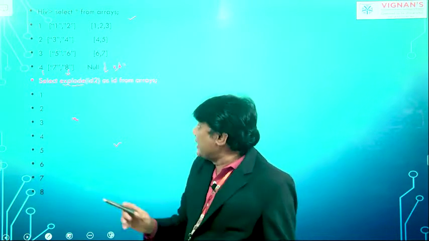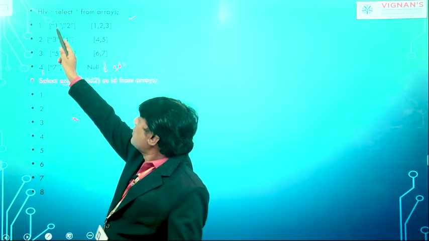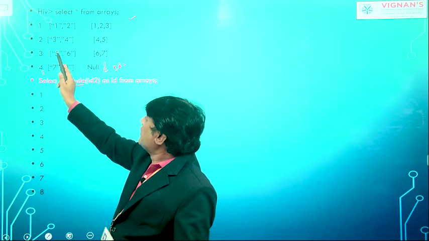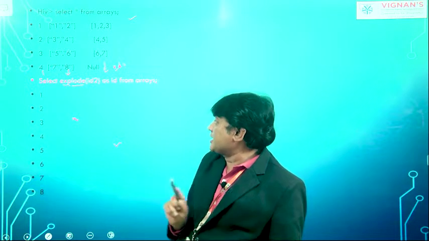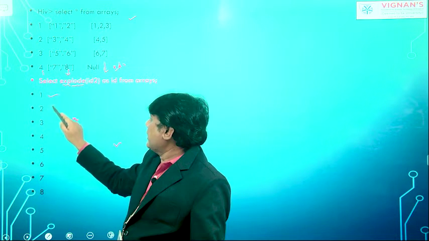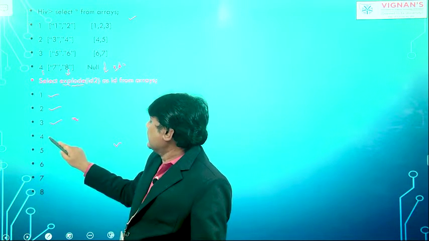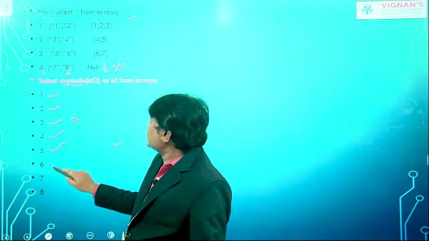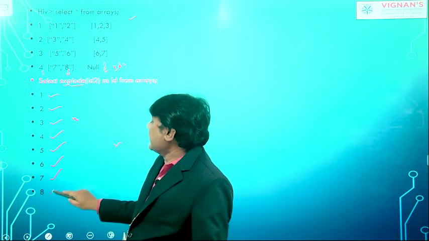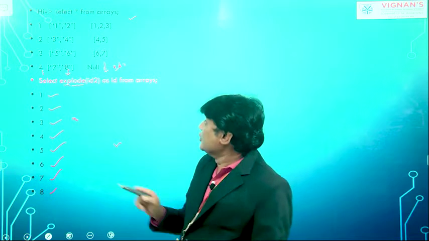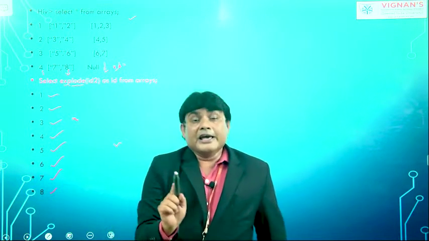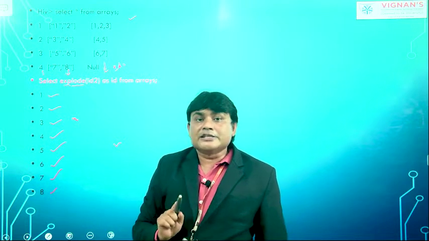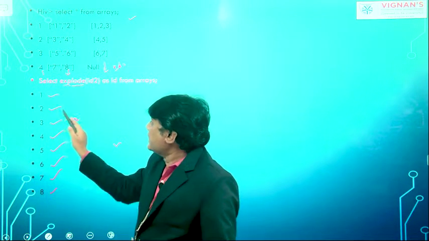How is it going to be exploded? See, in ID2, what numbers do we have? 1, 2, 3, 4, 5, 6, 7, 8. It is going to be exploded like this: 1, then 2, then 3, then 4, then 5, then 6, then 7, and then 8. It means we are firing this query on one row and generating the result as multiple rows.